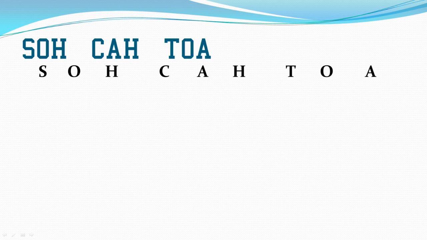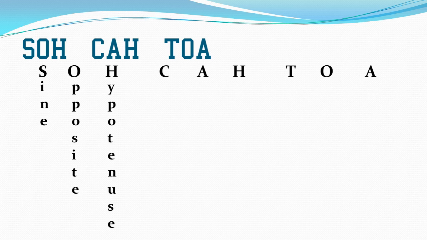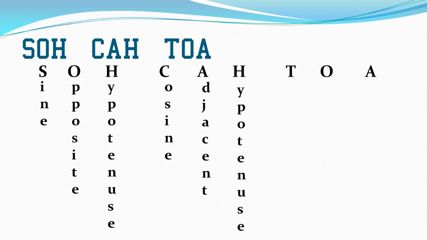We remember our trig functions and the ratios that go with these functions using the saying SOHCAHTOA. SOHCAHTOA stands for each of our three trig functions: sine, cosine, and tangent. The first one, SO, is sine, which represents the ratio of the opposite side divided by the hypotenuse. Cosine represents the ratio of the adjacent side divided by the hypotenuse.